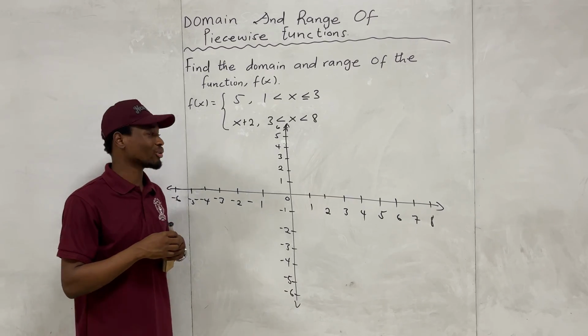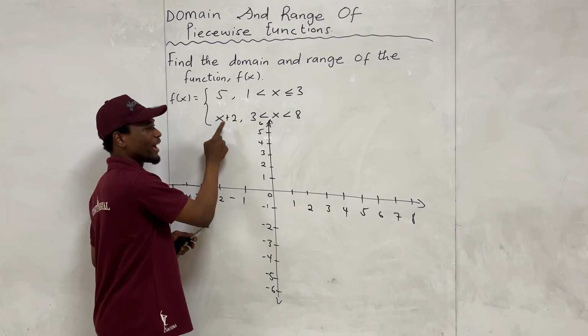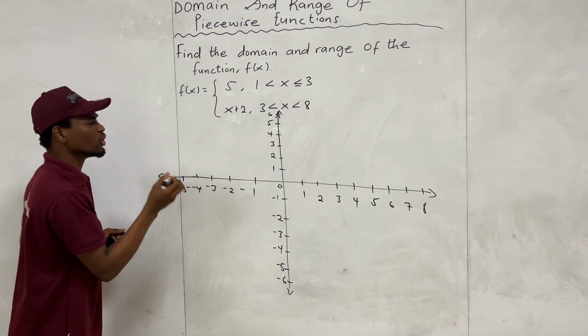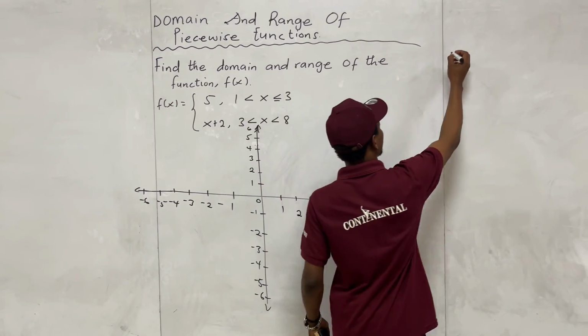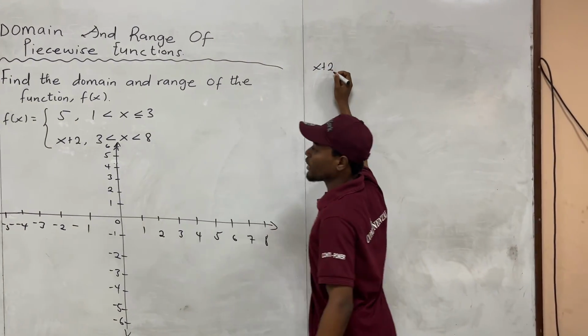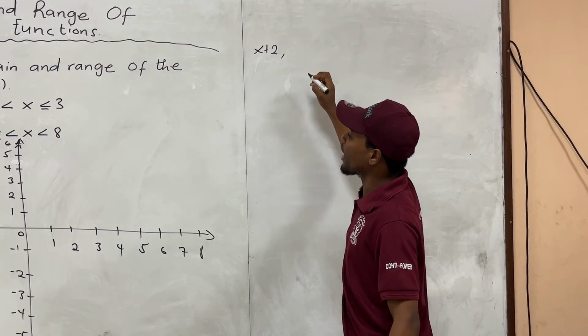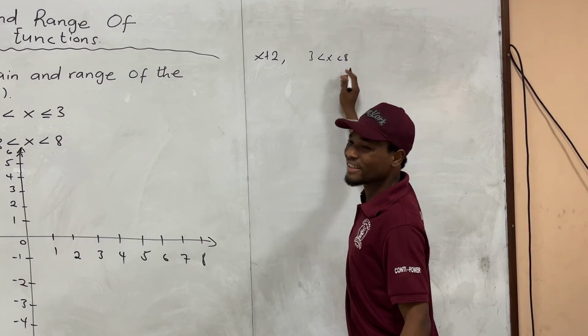So viewers, this is what we are going to do. Let me consider x plus 2. So if I have x plus 2 over here, and this is defined when you have 3 less than x less than 8.